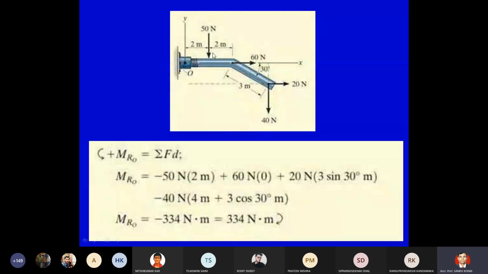Okay, so if you just do the summation of all these forces, you will get minus 334 Newton meter, or 334 Newton meter clockwise moment. Are you getting the same answer if some of you are calculating? Yes, sir. 334. Yes, sir. Okay.